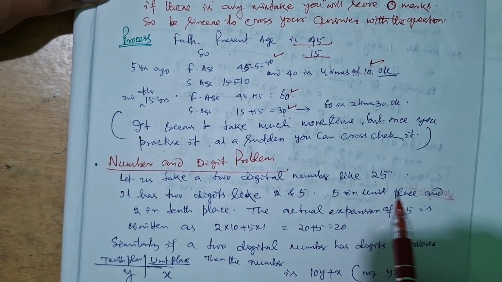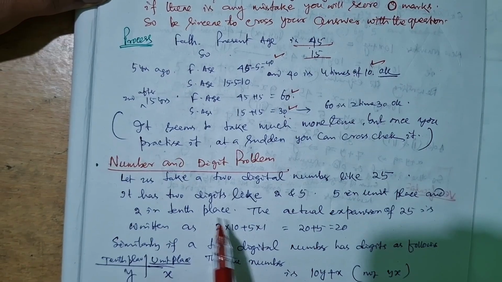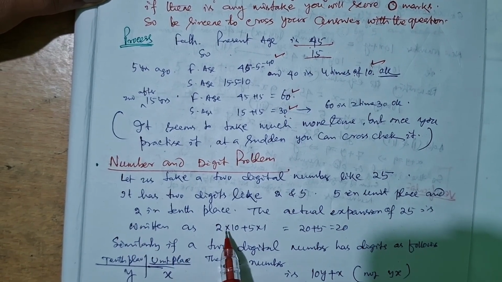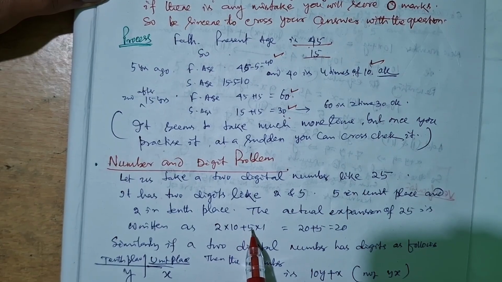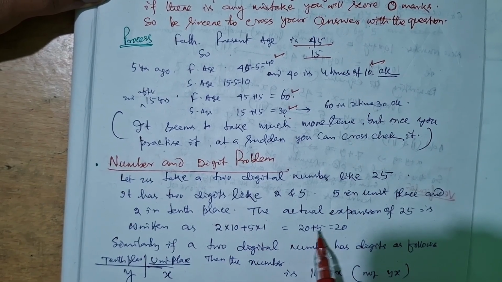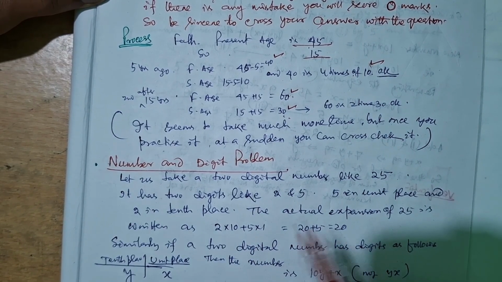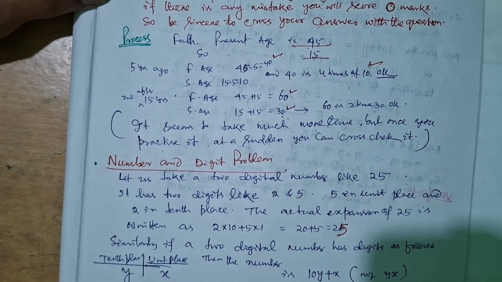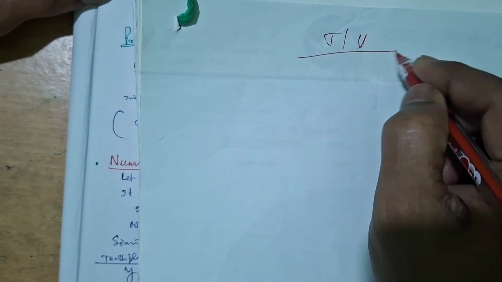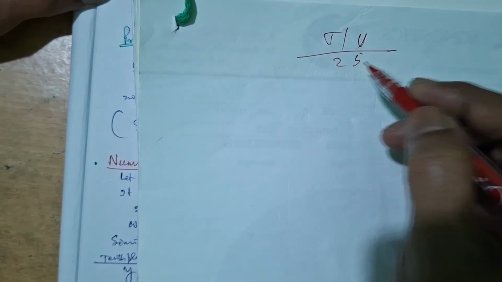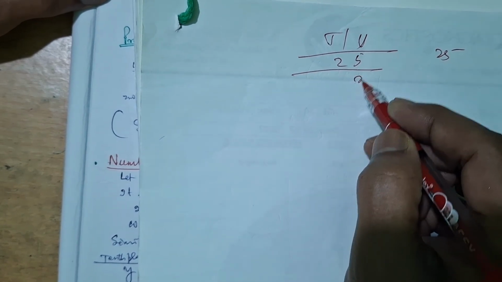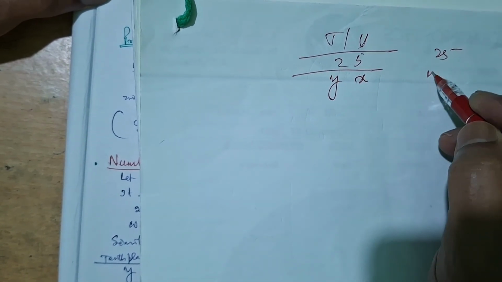5 is in the unit place and 2 is in the tens place. The actual expression of 25 is written as 2 into 10 plus 5 into 1, which is equal to 20 plus 5, which is equal to 25. It does not mean that if the unit place digit is x and the tens place digit is y, the number is yx.